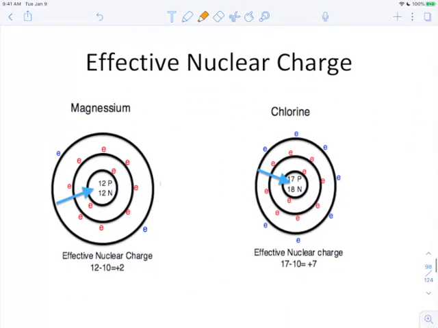Okay, so let's go ahead and take a look at this. Here, our calculation for Z effective, which is the effective nuclear charge, is going to be Z minus S. First of all, I just want to mention that this is an approximation. It's a very rough approximation.